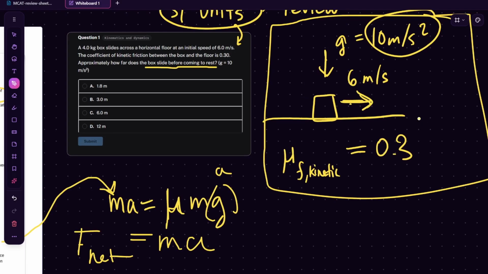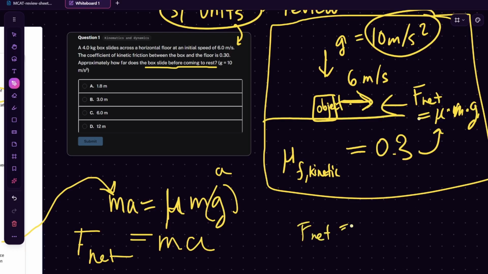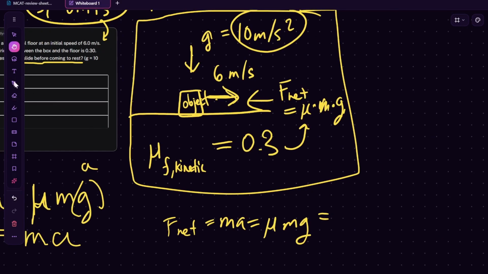F net is the total net force acting on this object, and that's what we're looking for. The forces acting on this object include the coefficient times the mass of the box times gravity. So F net is equal to ma, which equals the coefficient times m times g. You're just multiplying to get the force acting on it.